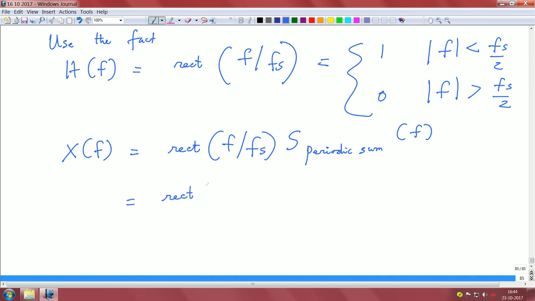So, this is a rectangle of T times f, because capital T is 1 upon Fs, times the sum over n equals minus infinity to plus infinity, and we can write this periodic sum as T times s of n times capital T with the modulator.